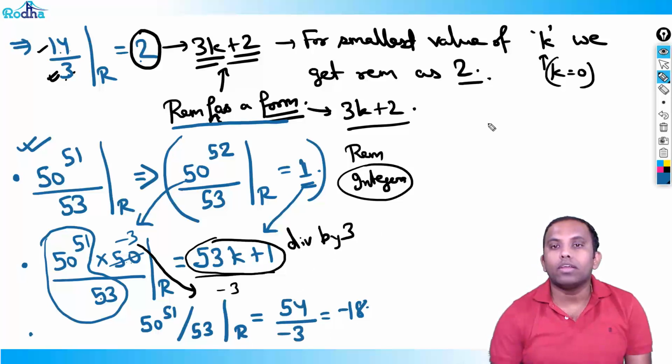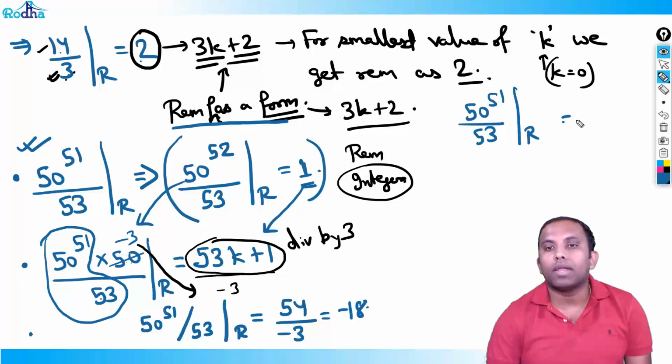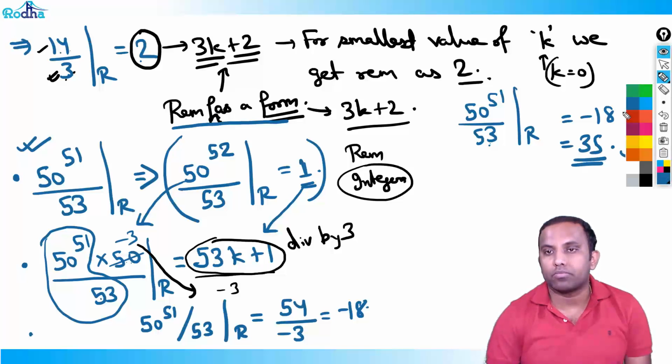So the remainder of 50 raised to 51 by 53 is minus 18. But a final remainder can never be negative, it is always positive. Just add the base with sign: 53 minus 18. The answer is 35.